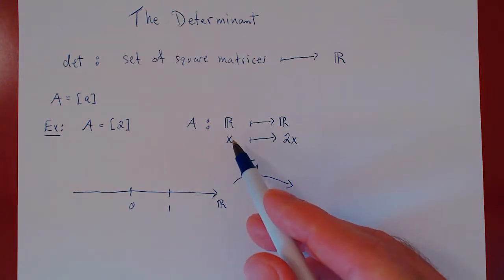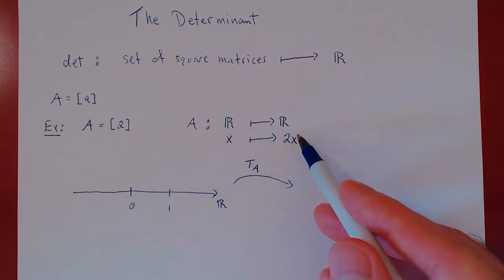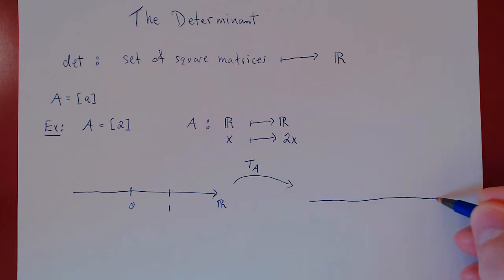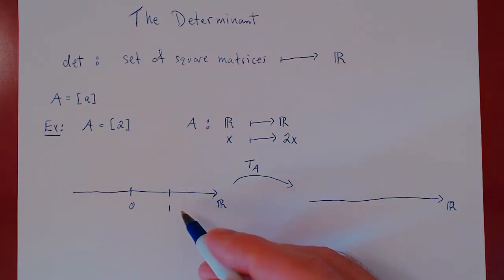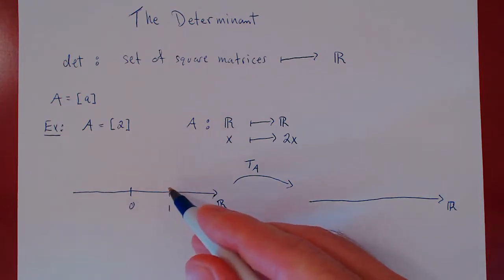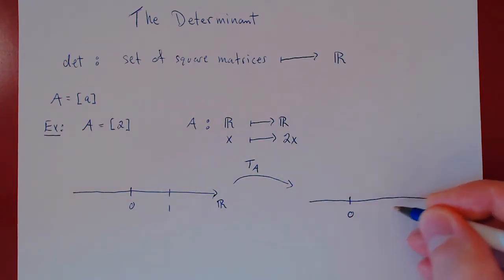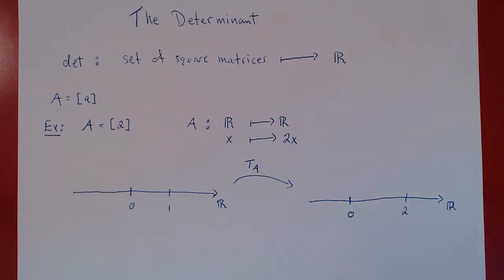And well, what's the action? We multiply every real number x by 2. Well, what happens specifically to the interval 0, 1? If you multiply everything by 2 in this interval, it becomes the interval 0, 2. So now the interval is twice as long. And that's the geometry of the matrix 2.